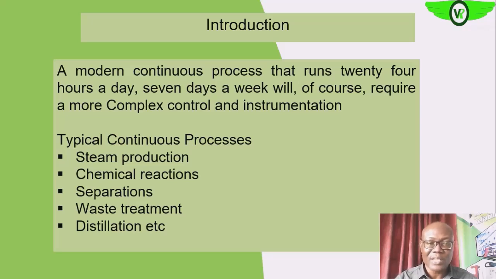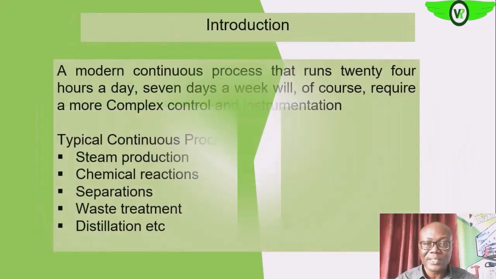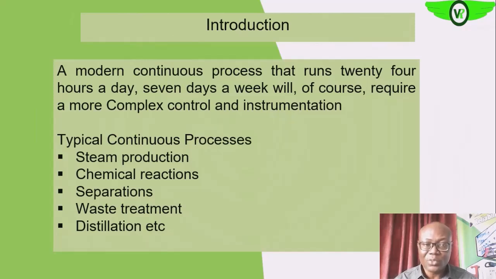Then chemical reactions, separation, waste treatment, distillation processes, as we saw in the case of the petroleum refining industries, are examples of continuous process control.